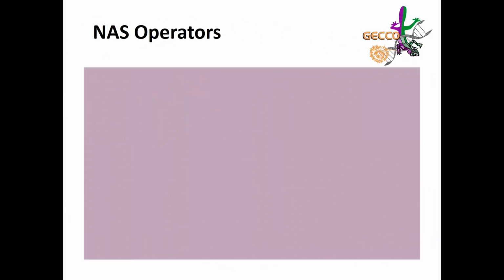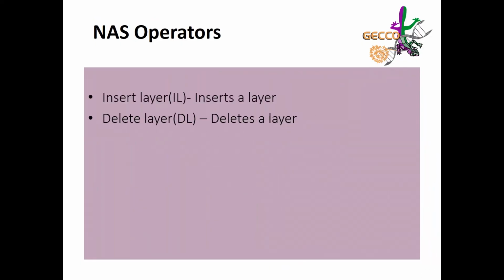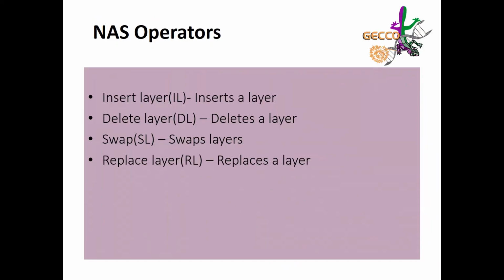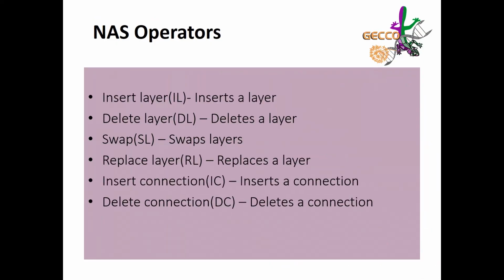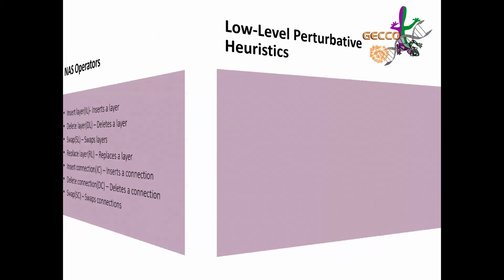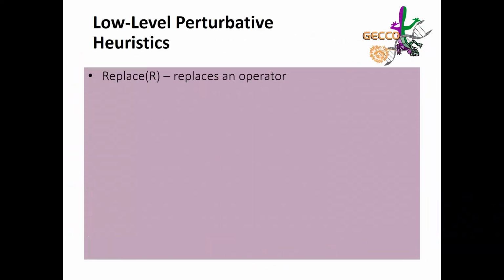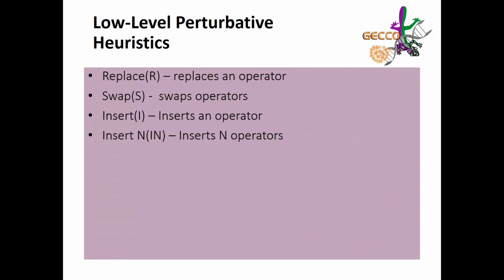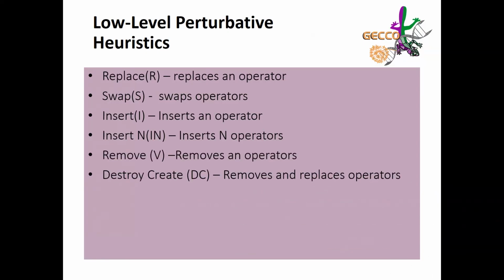Okay, so what are the actual NAS operators that we used that would make up those strings in the NOS space? Very simple things: insert a layer, delete a layer, swap a layer, replace a layer, insert a connection, delete a connection, and swap connections. And then the low-level heuristics that work in the hyperheuristic space, to find a combination for our NAS operator string, are things like replace an operator, swap operators, insert an operator, remove an operator.